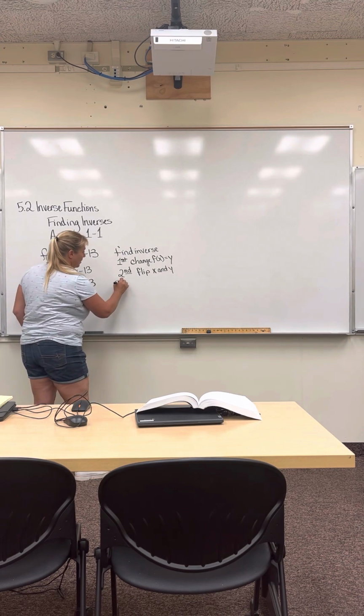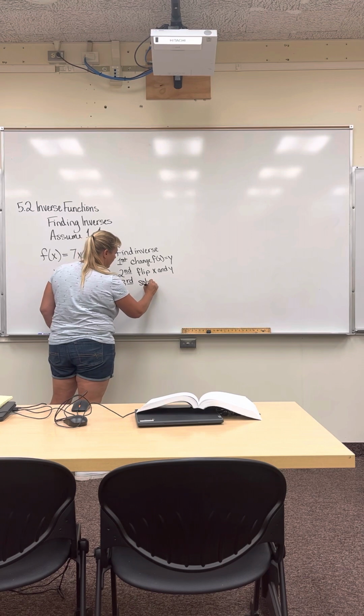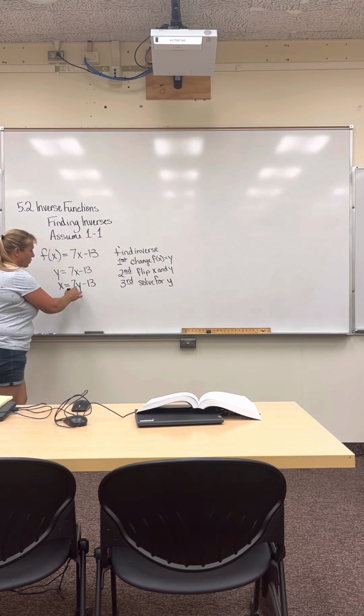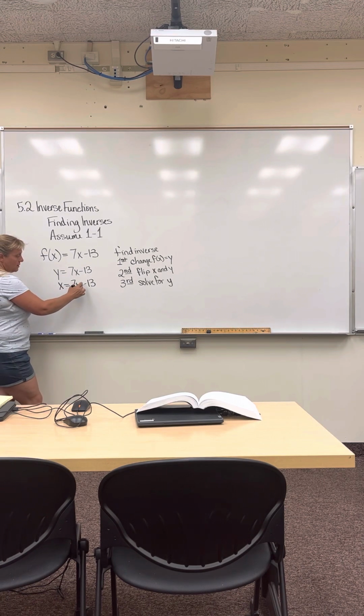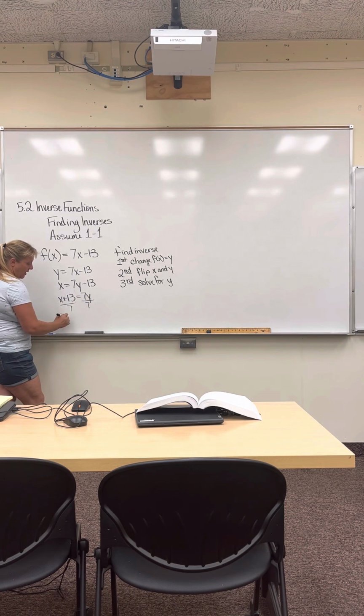Then the third thing we'll do is solve for y. So we want the y alone again. So we'll add the 13, so we have x plus 13 equals 7y. And then we're going to divide by the 7. And I'm going to flip this around so it looks like y equals x plus 13 over 7.